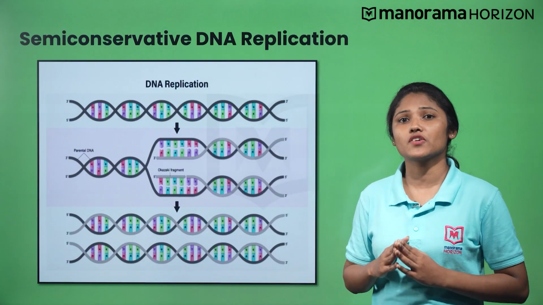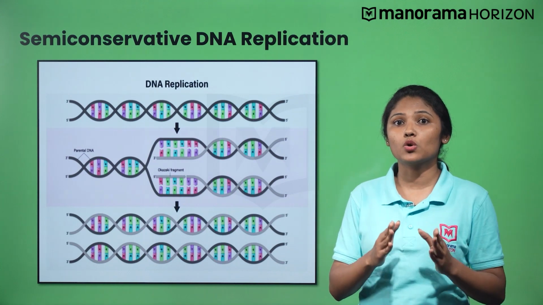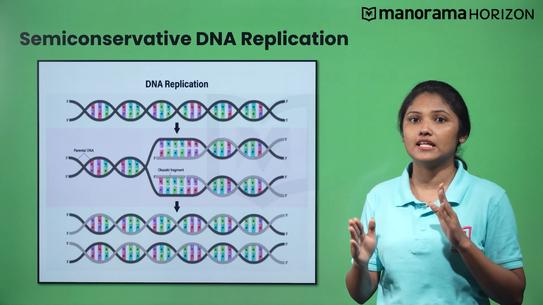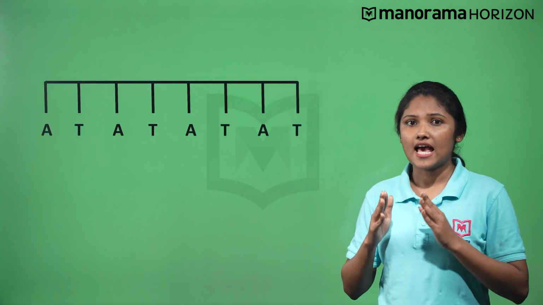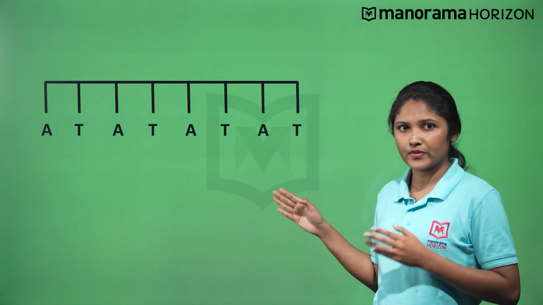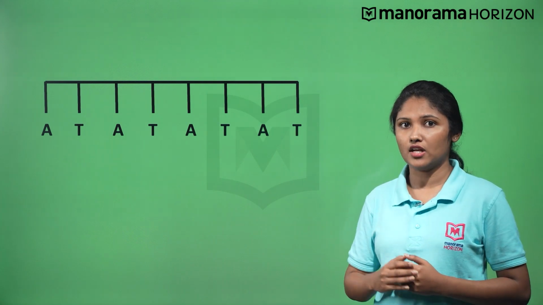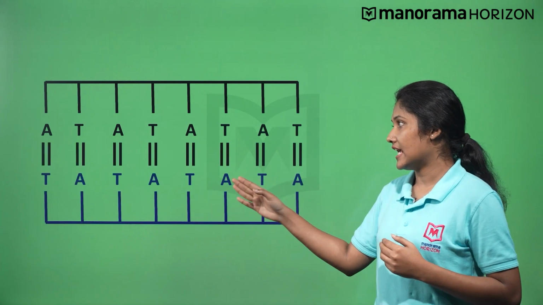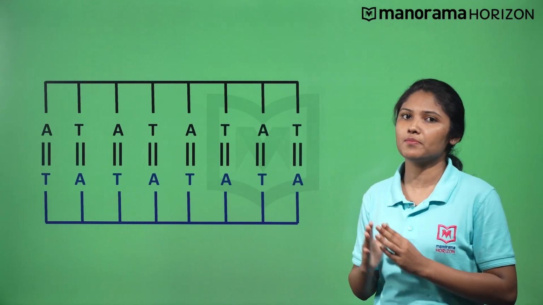The two strands of a DNA molecule should separate to specify the nucleotide sequence of the new DNA strand. If the parental DNA strand has nucleotide sequence AT, it will specify the synthesis of the DNA fragment with TA sequence.